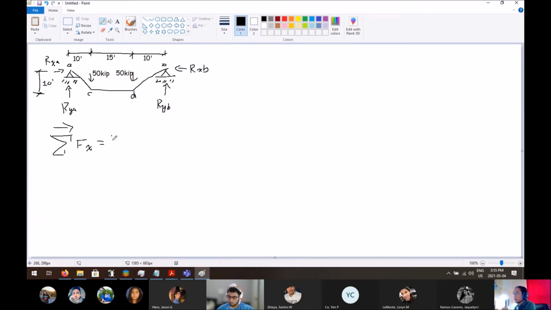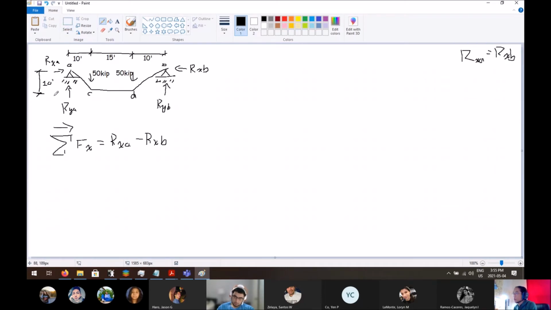So we have Rxa, it's going right. Rxb, it's going left. I drew it going left, so we're going to do minus Rxb. So Rxa is equal to Rxb. We don't know what that is yet, so we're going to put that in our backlog, just in the corner right there.